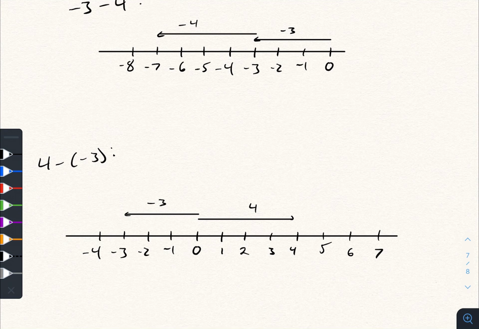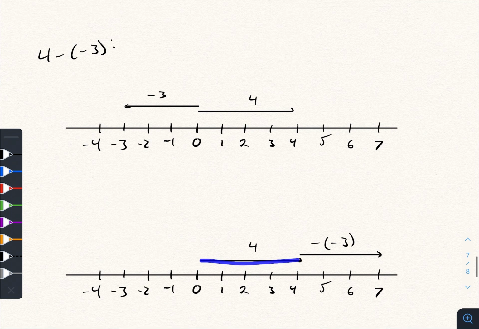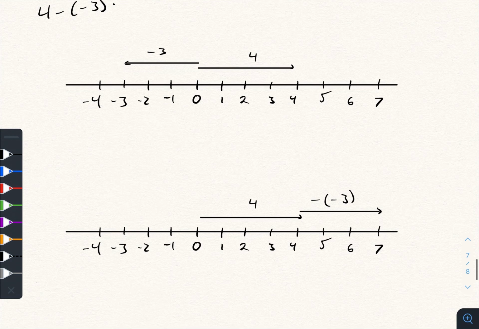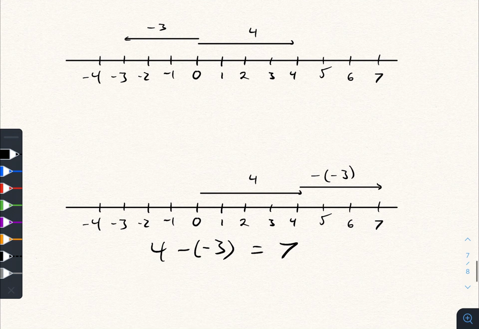So instead of going left 3 to represent adding -3, we want to go the opposite of that, 3 units to the right. Okay, so we go right 4, and then we tack on the opposite of -3, which is this right here. And so this ends up giving us 7. So 4 minus -3 gives us 7.